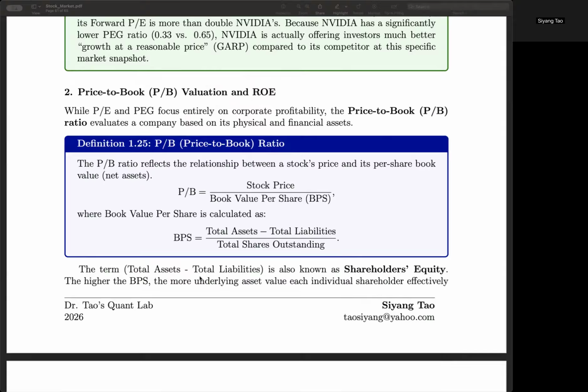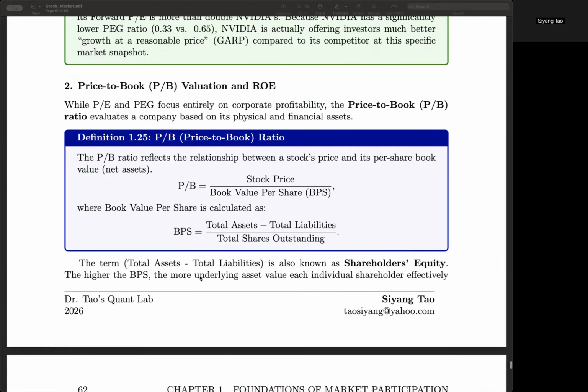For these companies, we evaluate their physical and financial assets using the price to book, or PB, ratio. The PB ratio divides the stock price by the book value per share, which is essentially the company's total assets minus its total liabilities, divided by its share count.